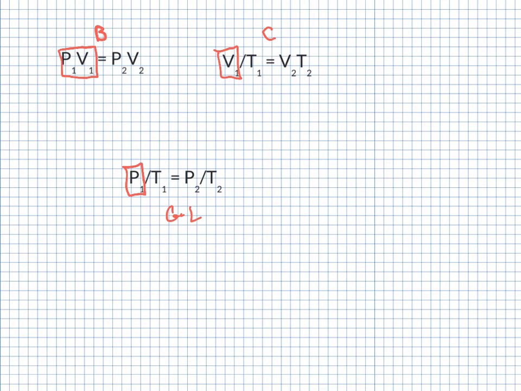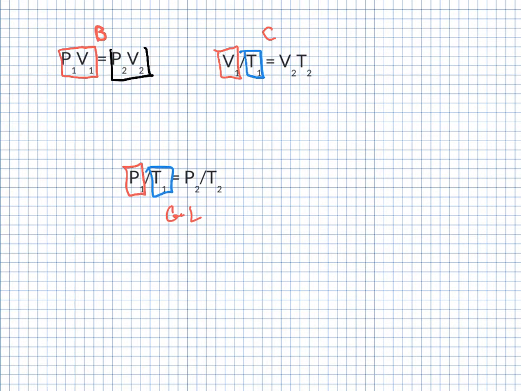And then let's switch colors, and in blue, I'm going to do the left side denominator. Well, in Boyle's law, there is no left side denominator. In Charles, left side denominator is T1, and in Gay-Lussac, the left side denominator is T1. Switching colors again to black, let's do the right side numerator.